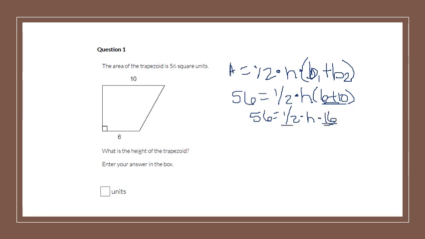Now I'm going to multiply these two. 16 times 1/2 is 8. So now I'm going to divide both sides by 8 and solve as an equation. So I'm just left with h equals 7, and that is 7 units.